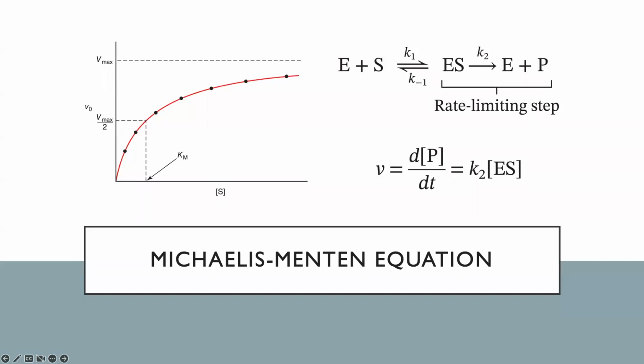This is going to be a first order reaction, and it can also be reversed. The enzyme-substrate complex is then going to form product at K2, first order, and it's normally not able to be reversed at this point. So K2 here is going to be the rate limiting step.